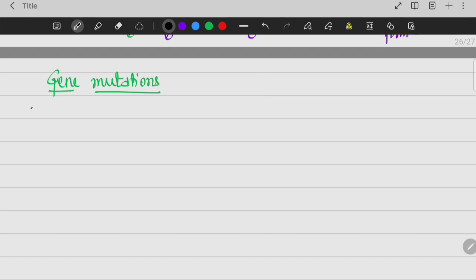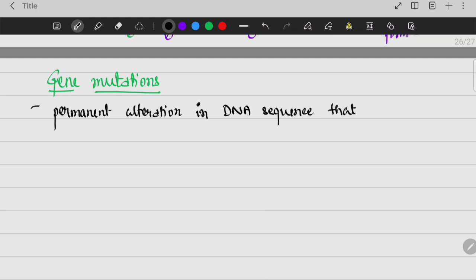So right here, a permanent alteration in the DNA sequence such that the sequence differs from the normal ones.